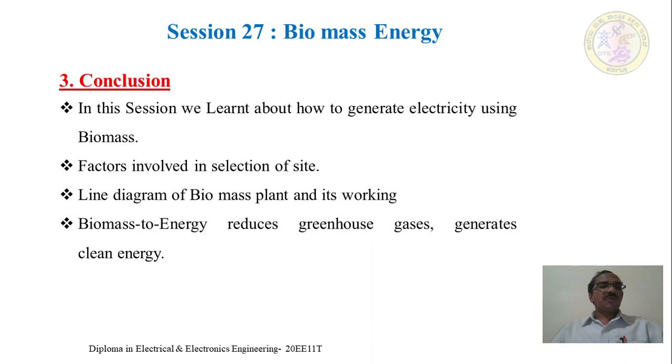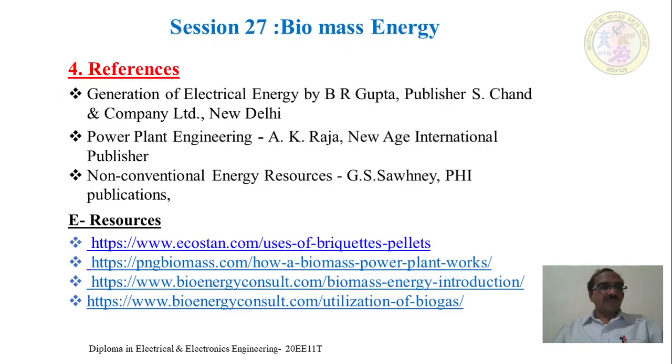We have also seen the line diagram and its working. So why are we using biomass? It is used to reduce the greenhouse effect as well as to generate clean energy. That is the basic idea of using biomass energy.